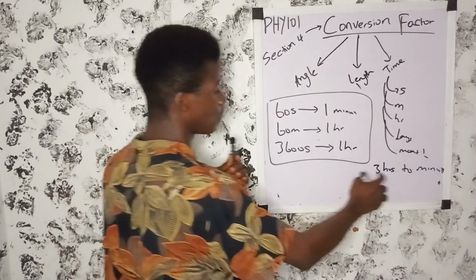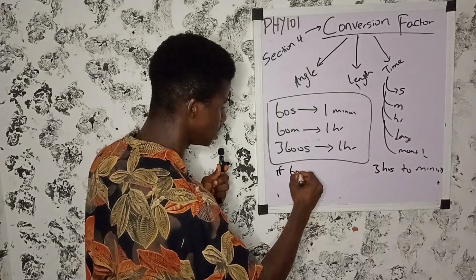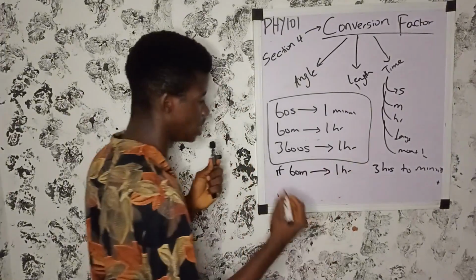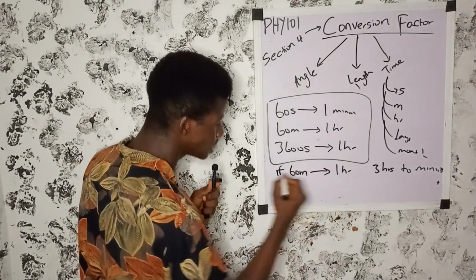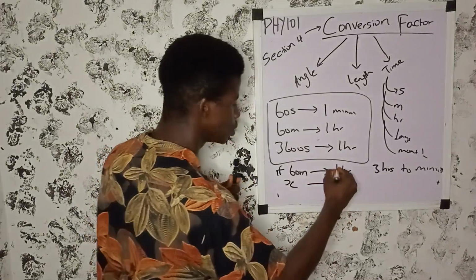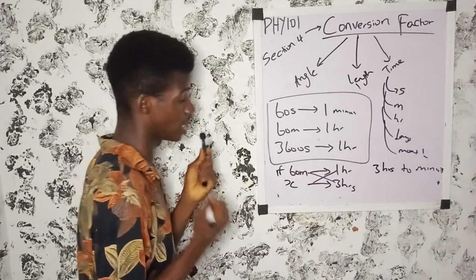If they say convert 3 hours to minutes, you will first say if 60 minutes is equal to 1 hour, then s minutes is equal to 3 hours. So if you cross multiply, 3 times 60, I think that is 180.